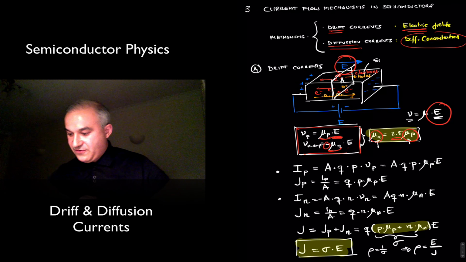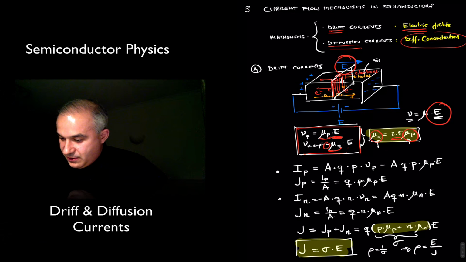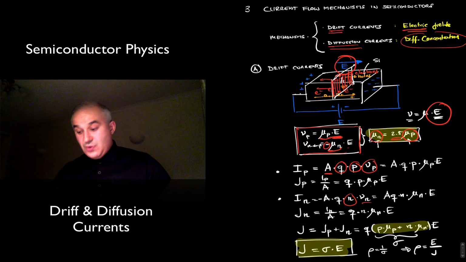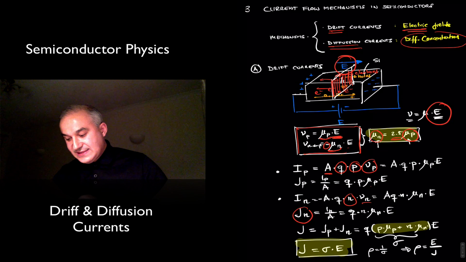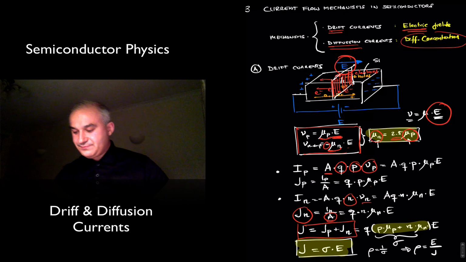With that, for a cross section, we are able to calculate a current: area times how much charge you have times the concentration of holes or free electrons times the velocity. Or equivalently, we can do a current density, where we divide by cross-sectional area, add the two, and you get the total current density.